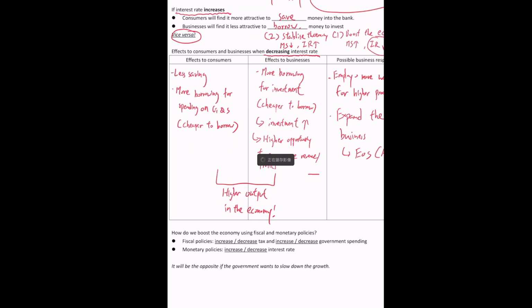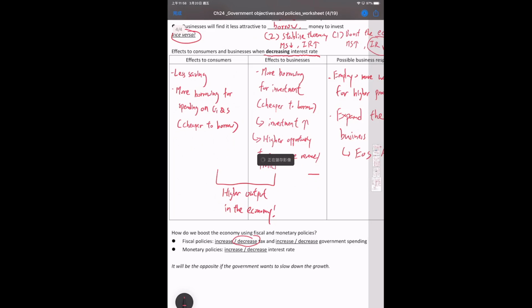Decrease the tax and increase spending. So people earn more, so they will spend more, because right now we are trying to boost the economy.